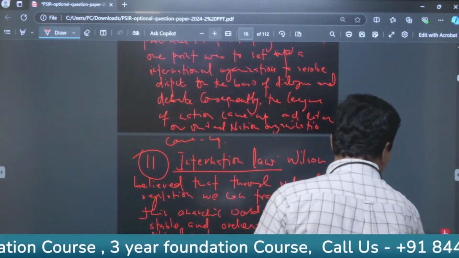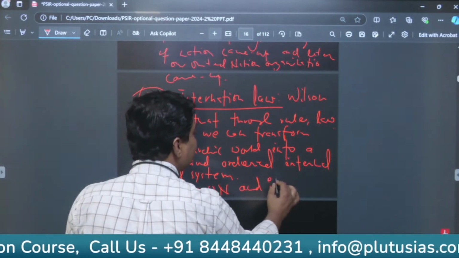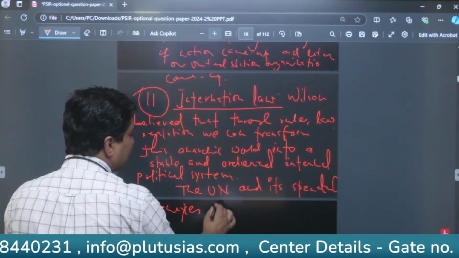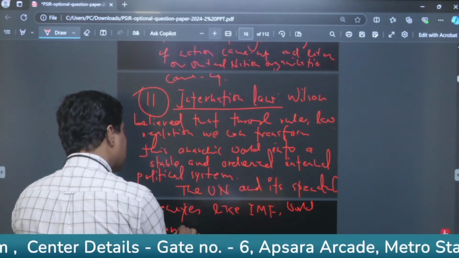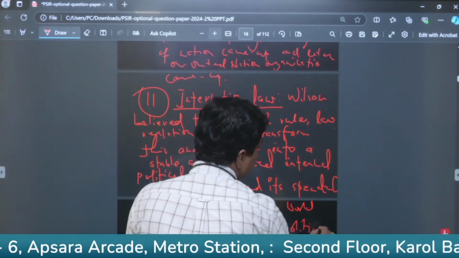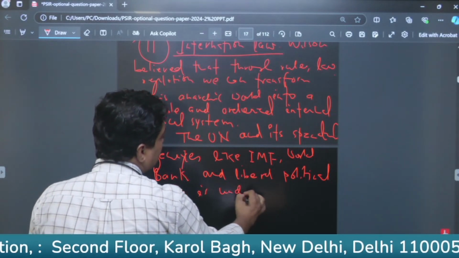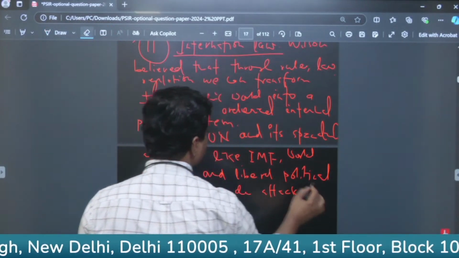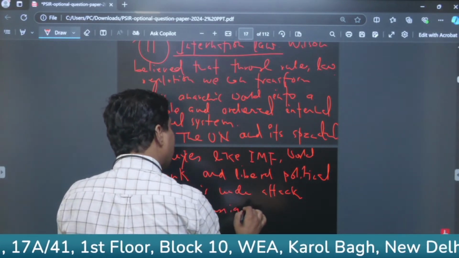Now look at the contemporary attack on this. The United Nations and its specialized agencies like IMF, World Bank, and the liberal political order are under attack due to the Russia-Ukraine war.